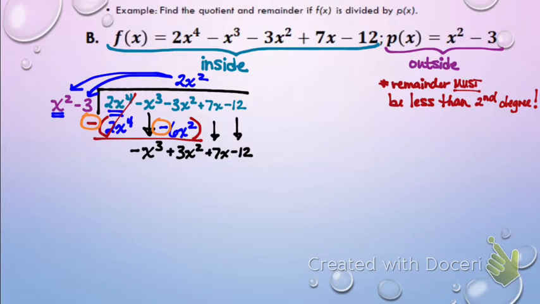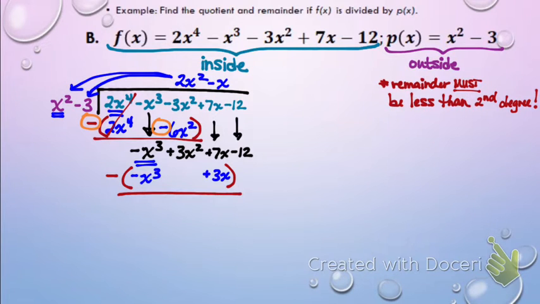X squared times what would cancel out with negative x cubed? Negative x. So minus x. Now I have to take that minus x and distribute it. Negative x times x squared gives me negative x cubed. Negative x times negative 3, I get a positive 3x. After I distribute, I have to subtract.